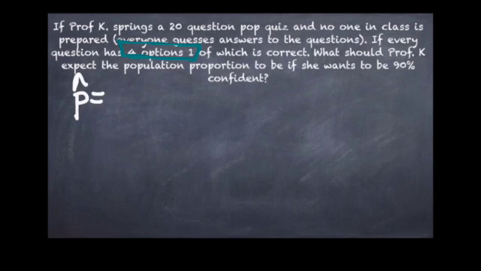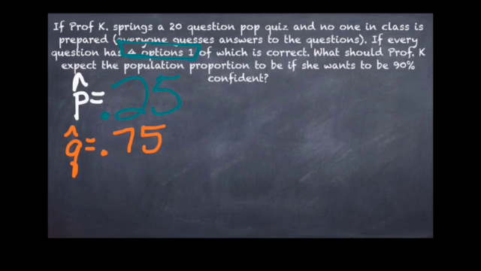Our p hat is going to give me 0.25, 25%, 1 out of 4. All right, our q hat in that case is going to be 1 minus the 25%, which is going to give us 75%, or 0.75. All right.